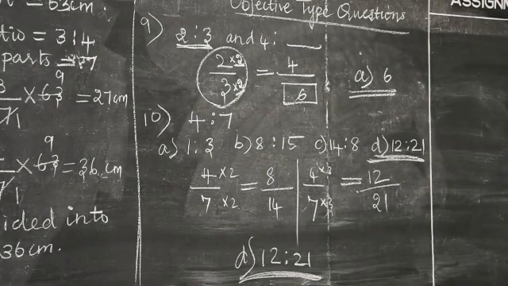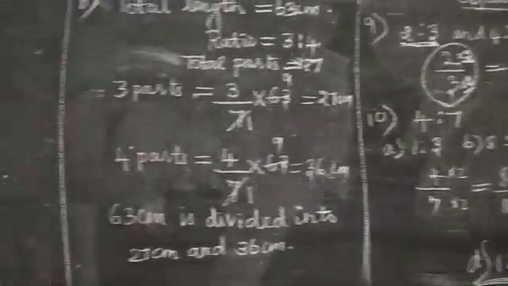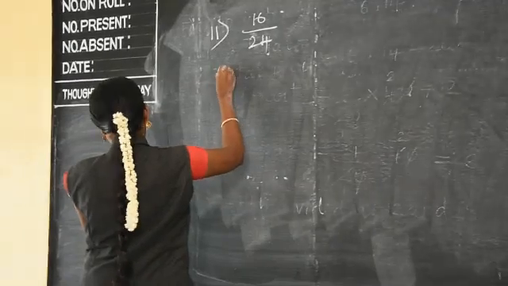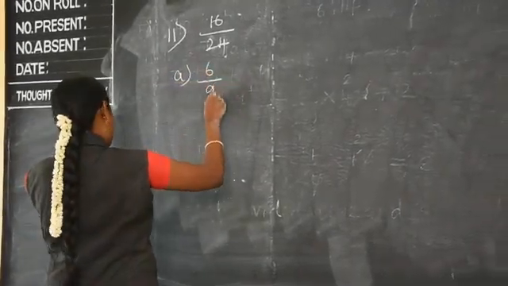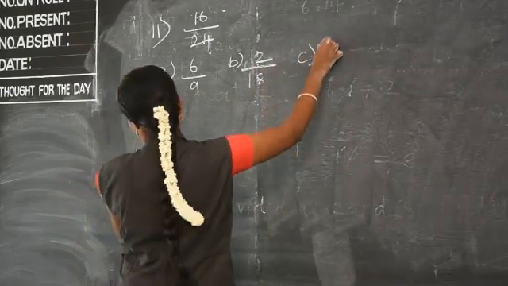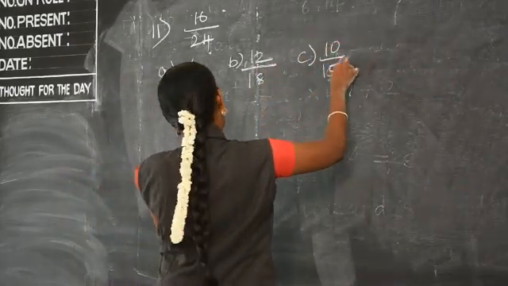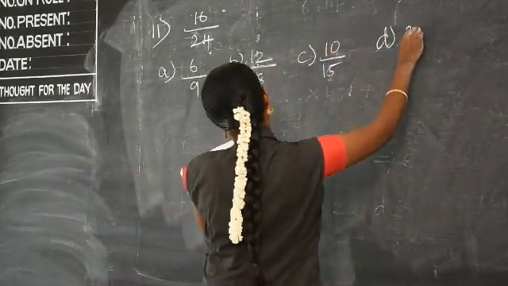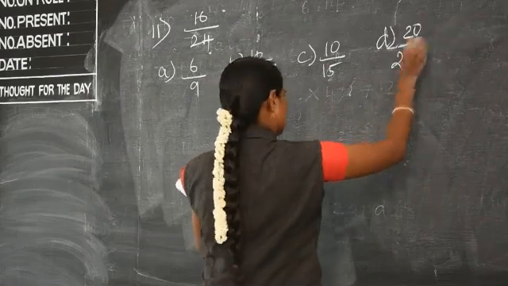Question number 11: which is not an equivalent ratio of 16 by 24? Options are A 6 by 9, B 12 by 18, C 10 by 15, D 20 by 28.